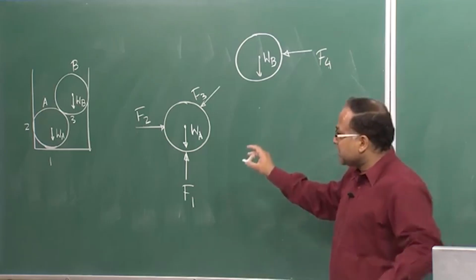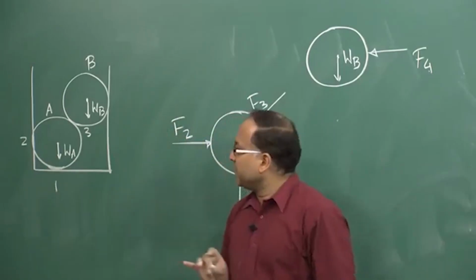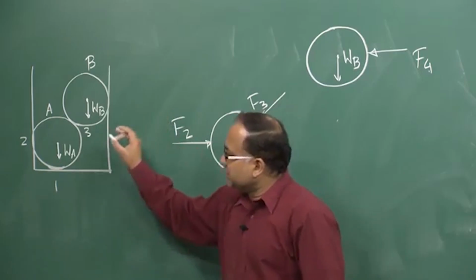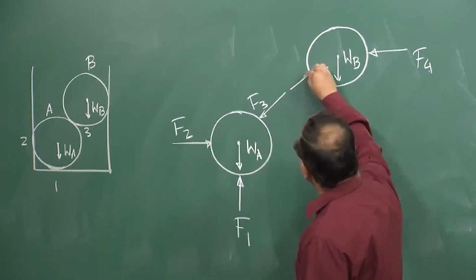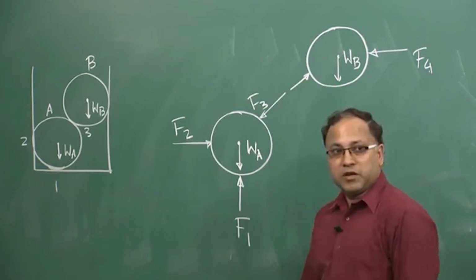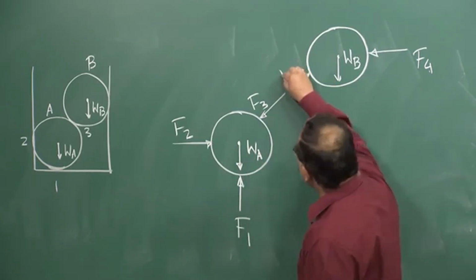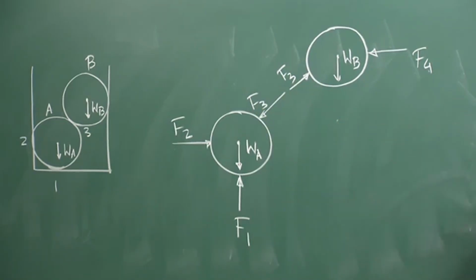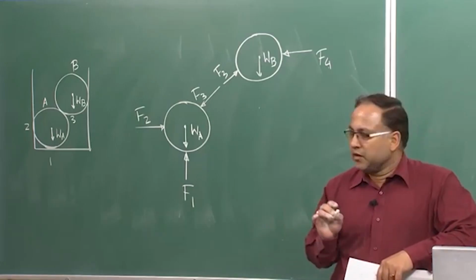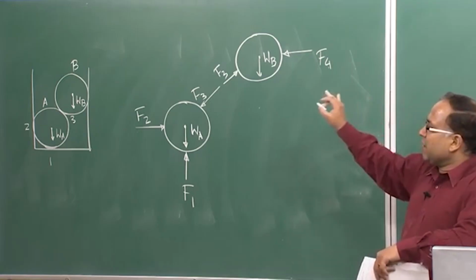So, this is stationary, this is the static problem, and if the body is under equilibrium, there will be a force here. Now, if you analyze the system, you will see this force is exactly the same, equal and opposite of F3.